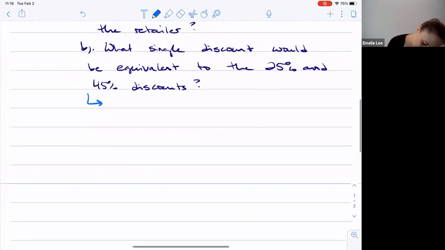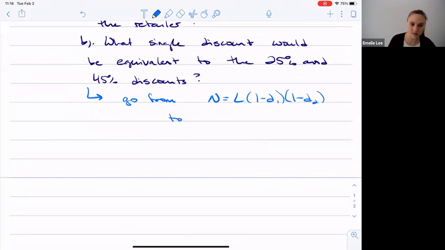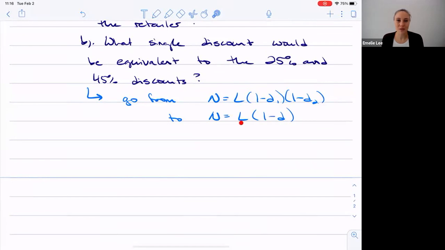So for part B, we want to go from n equals L times 1 minus D1 times 1 minus D2, that's 2 discounts, to n equals L times 1 minus D, that's 1 discount. Okay. We have the list price, right? We're given the list price.